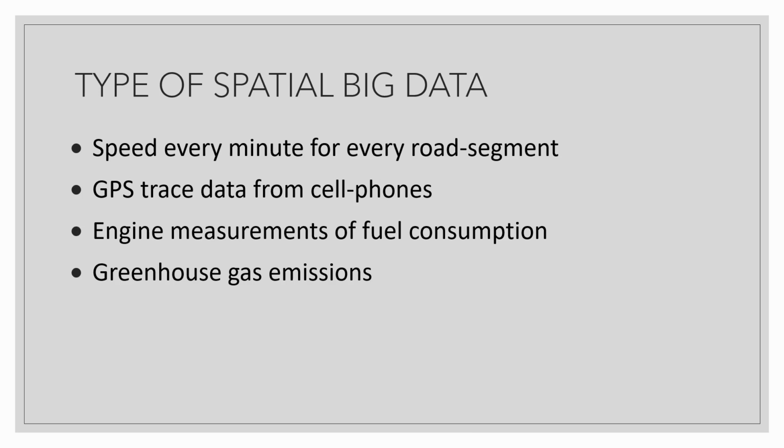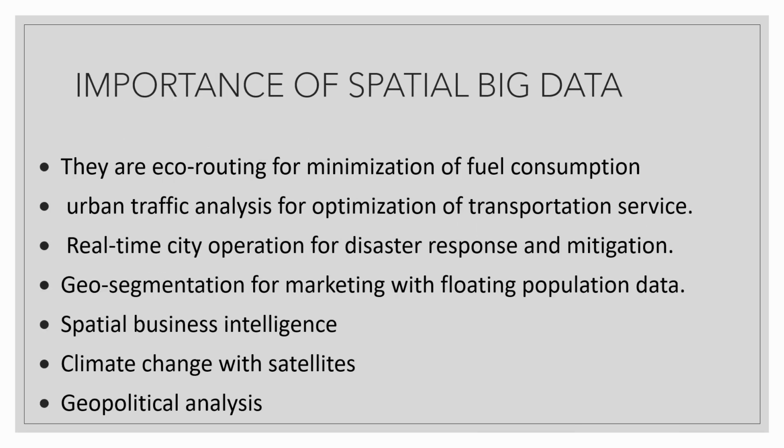Now you are looking at a list of application flows. They are eco-routing for minimization of fuel consumption, urban traffic analysis for optimization of transportation service, real-time city operation for disaster response and mitigation, geosegmentation for marketing with floating population data.